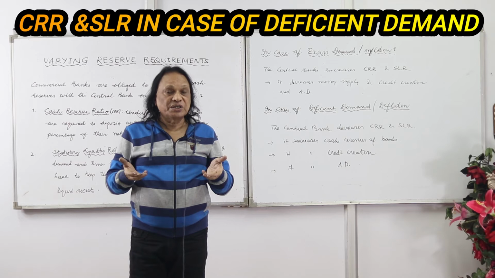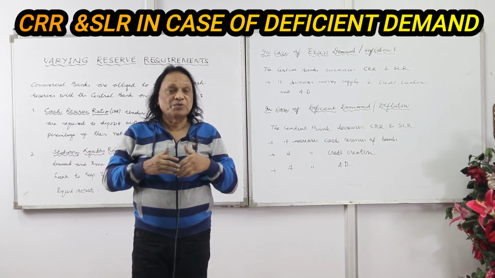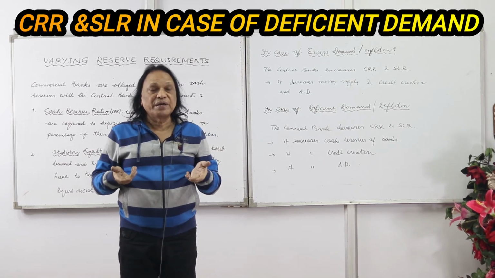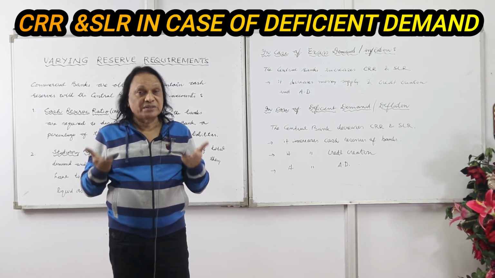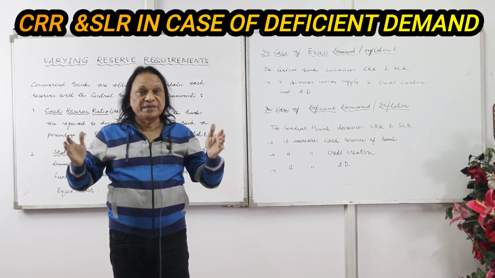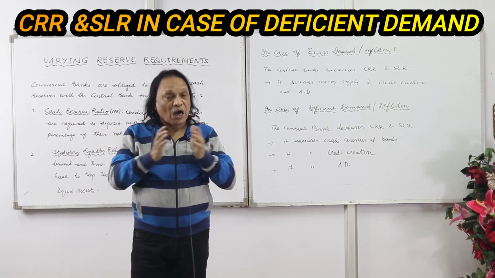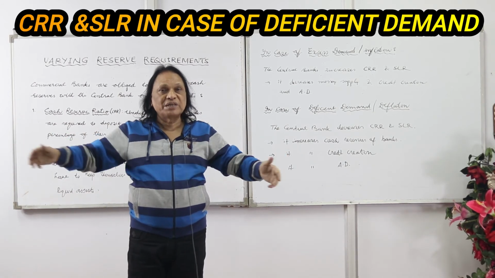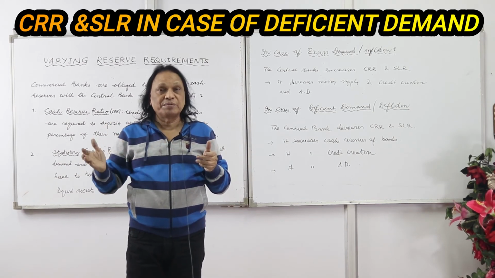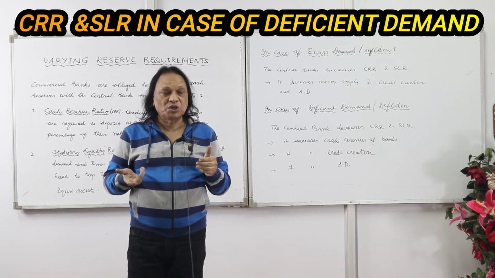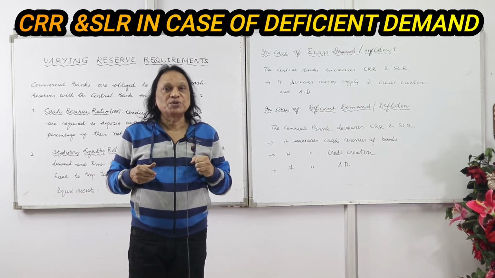When the credit creation is increased, automatically there will be more money supply in the economy. Automatically aggregate demand will go up. As aggregate demand goes up, production will increase, income will increase, output will increase, employment level will increase, and the economy again comes back from underemployment equilibrium to full employment equilibrium. So we can control both these things.